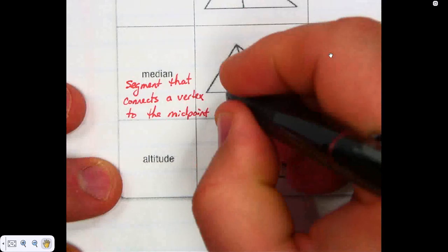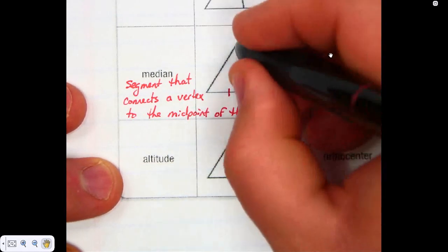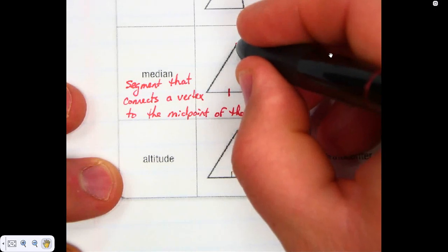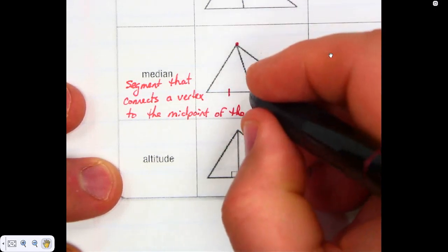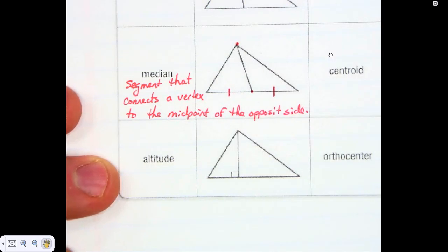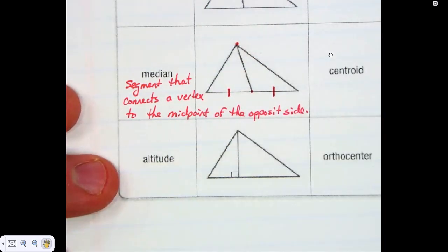So you would all say that is a midpoint, correct? Or this is a vertex, right? So the reason this is a median is because it connects a vertex and the midpoint of the opposite side. So it cuts this side in half. Everybody okay with that?